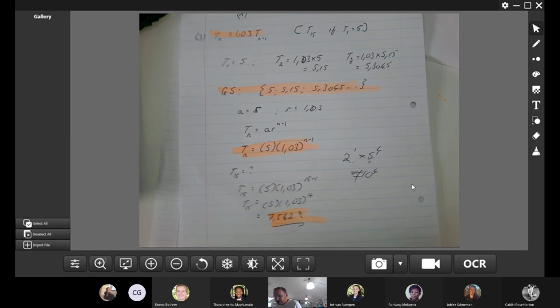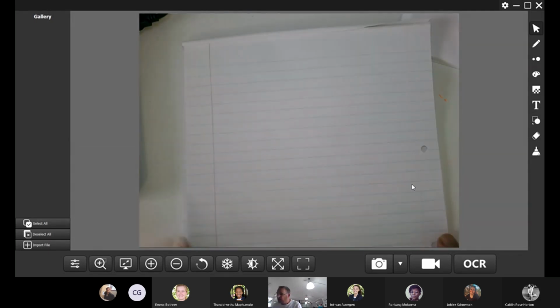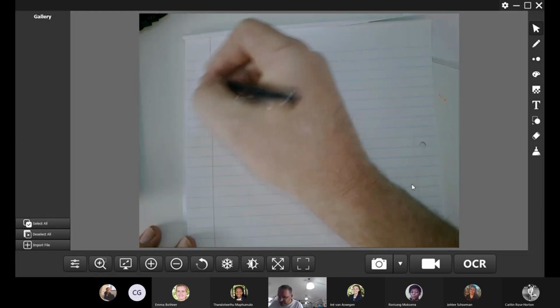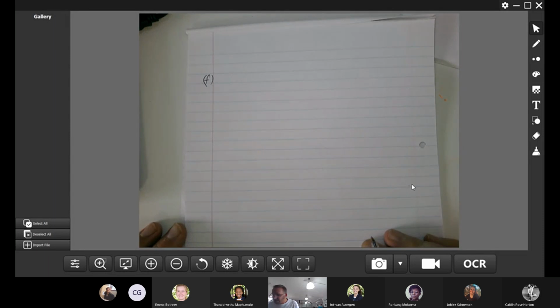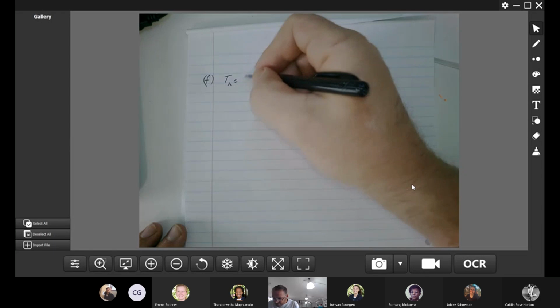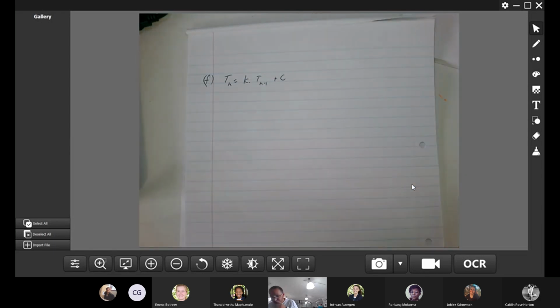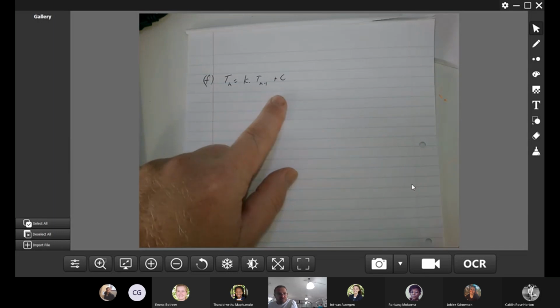Any volunteers for F, or if there are no volunteers, I'll quickly do it with you. So guys, this formula in F, we'll always give you this formula in the question. This is for one of those ones where you're combining a term with the term before, so we're combining multiplication and addition.